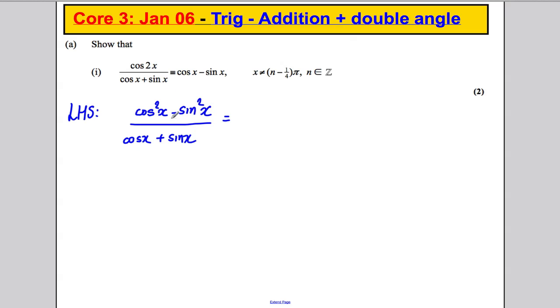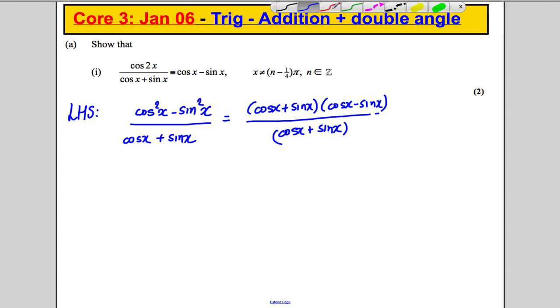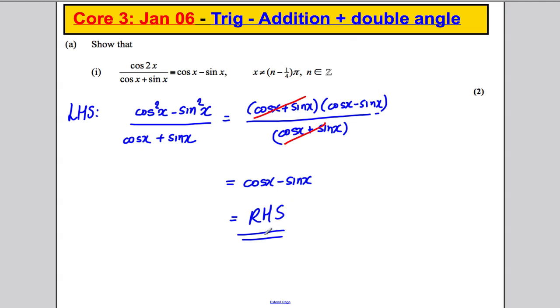You could notice the top is a difference of two squares, so it's cos x plus sine x multiplied by cos x subtract sine x, all over cos x plus sine x. And something useful happens, cos x plus sine x can be cancelled, and you get yourself cos x subtract sine x, which is equal to the right hand side as you are looking for.